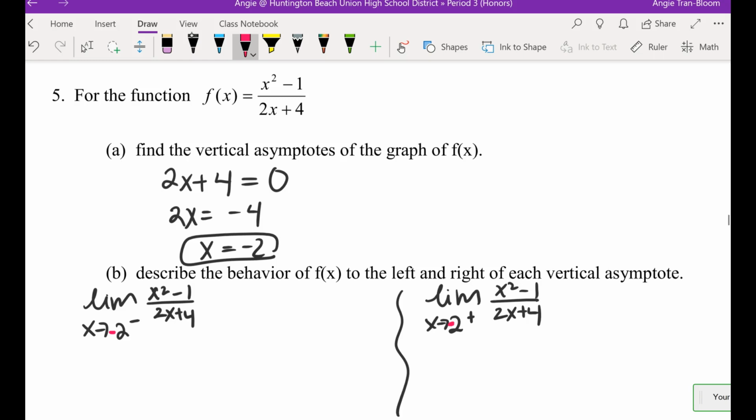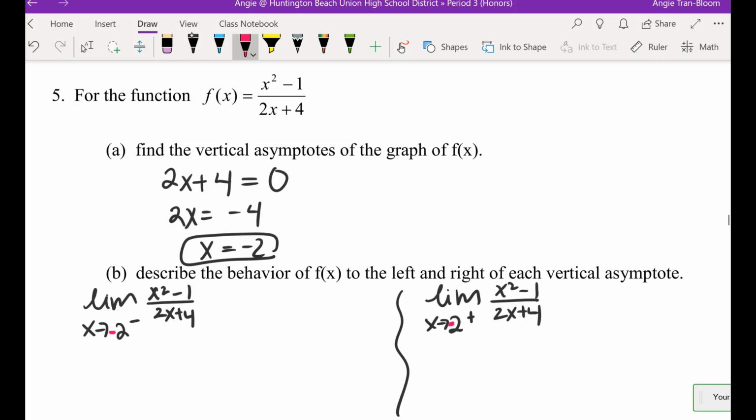Okay, can I substitute? No, because I just found that value by setting the denominator to 0, right? That's not going to do us any good. Now what? Can I factor and cancel? I can factor, but is it going to help me cancel? Take out a 1, take out 2 in the bottom. It's still not going to help me, right?